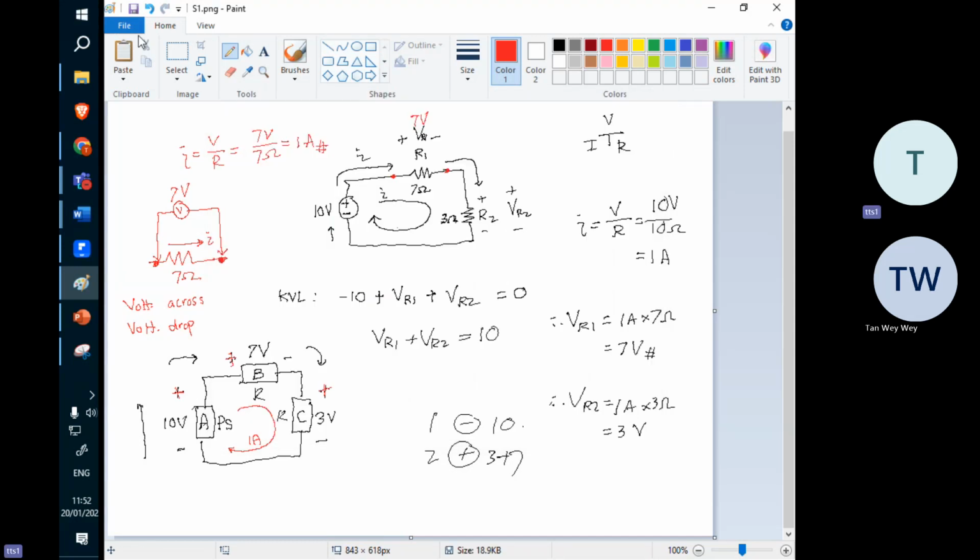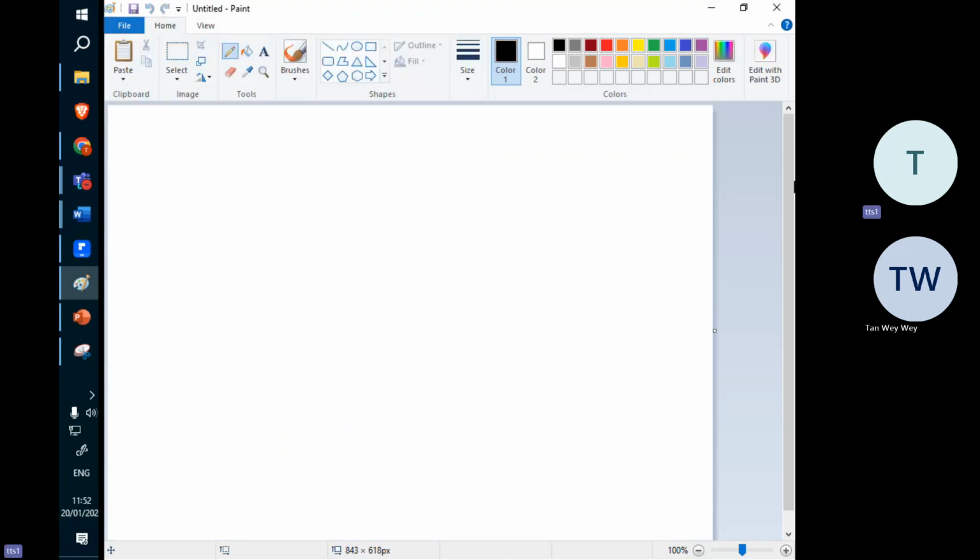All right. So you have to be a bit flexible when you look at the circuit. If somebody draws you a circuit like this, it says it's a 7 volt, plus minus, R1, VR1.